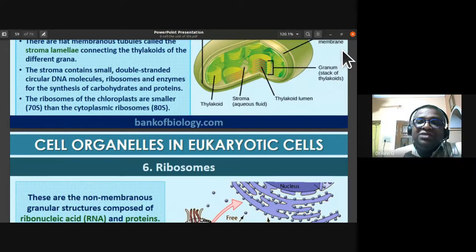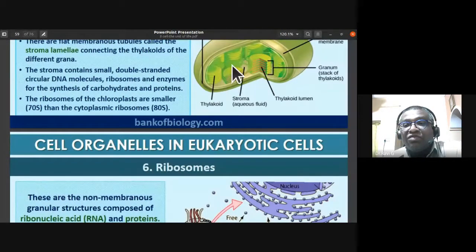So the cytoplasmic ribosome would be 80S type, but the chloroplast ribosome would be of 70S type. That you should be aware of. The stroma also contains double-stranded circular DNA, ribosomes, and enzymes required for the synthesis of carbohydrates and proteins, found within the stroma of the chloroplast.